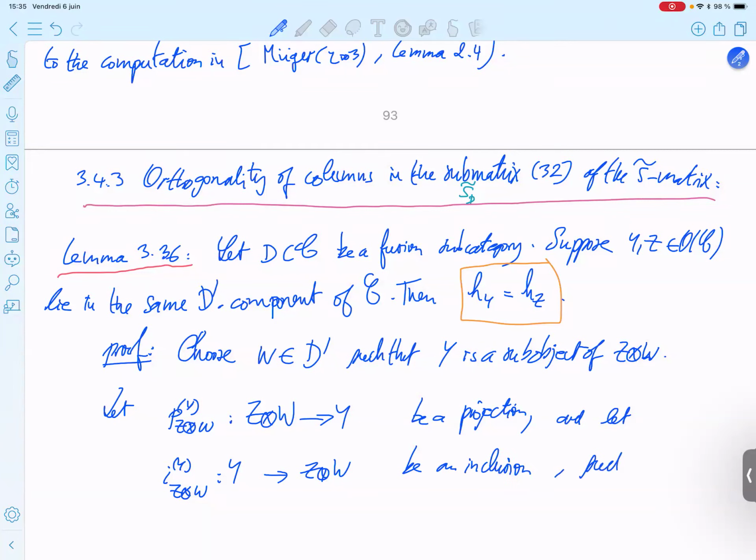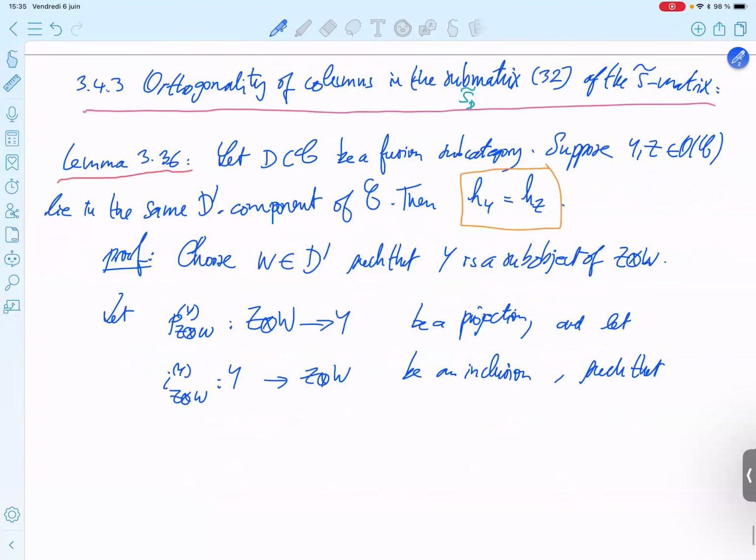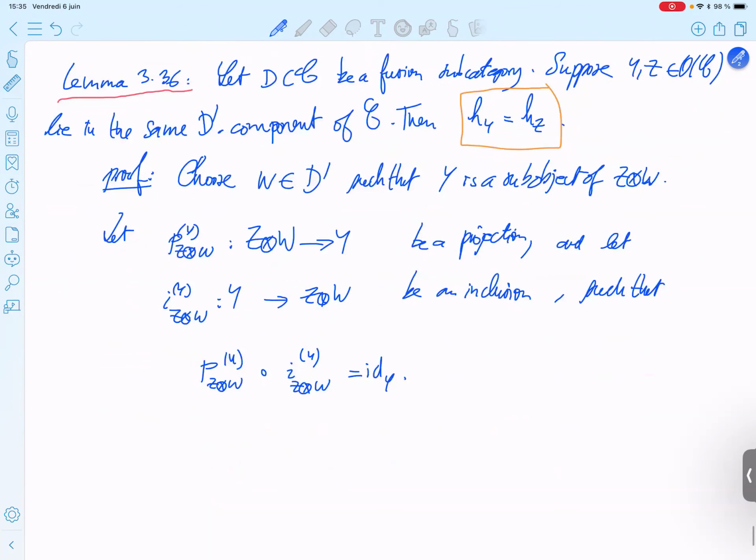And you can choose both such that the composition is the identity of W. This is completely clear by semi-simplicity, the existence of this projection and inclusion.